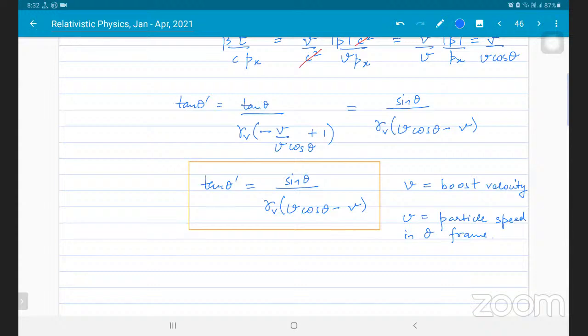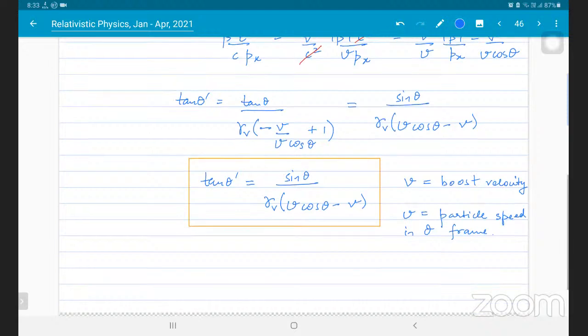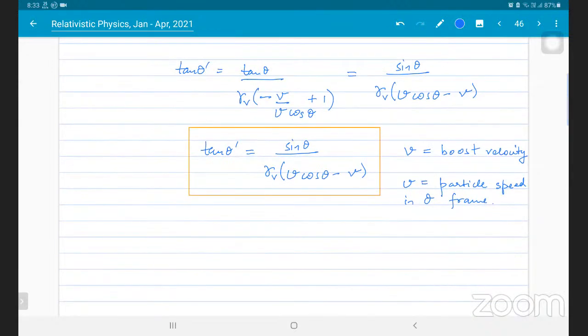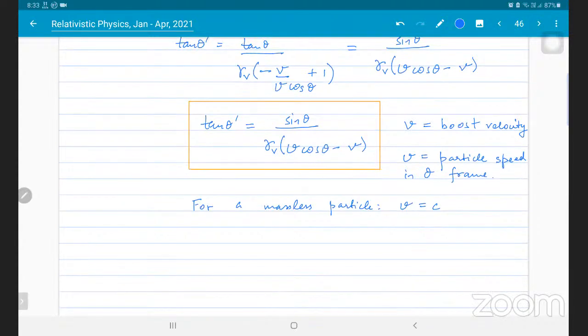What I can do is talk about what happens for a null particle, right? So for a light-like particle, the particle speed in the O frame for a massless particle, this u will be equal to c. Right?